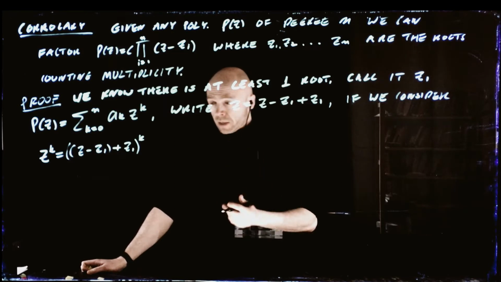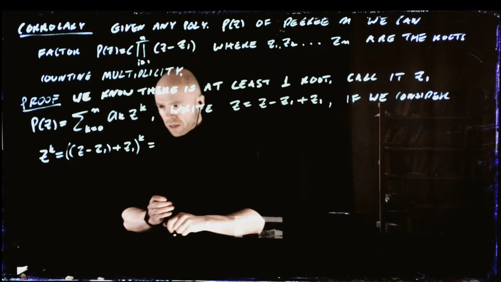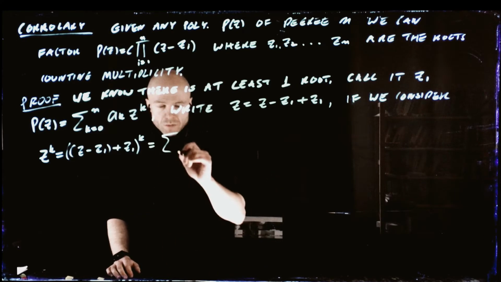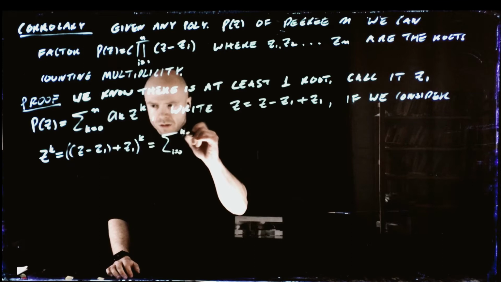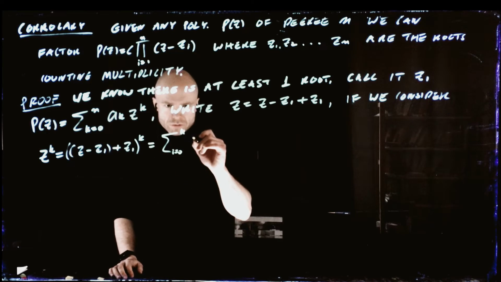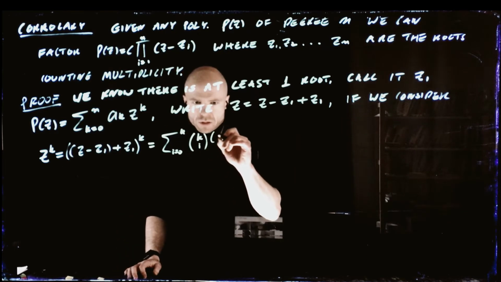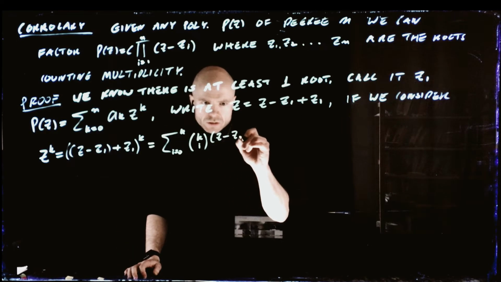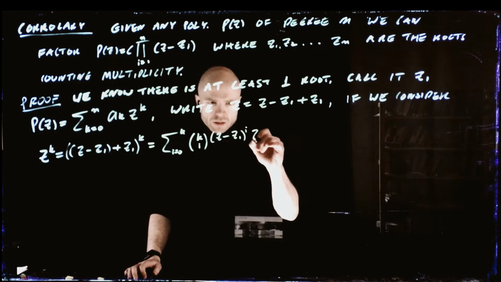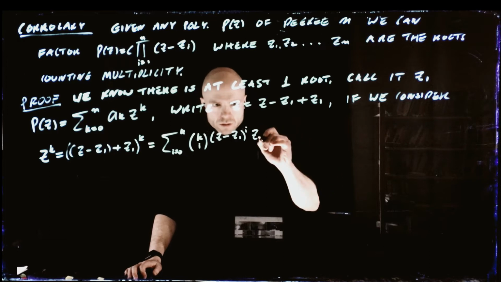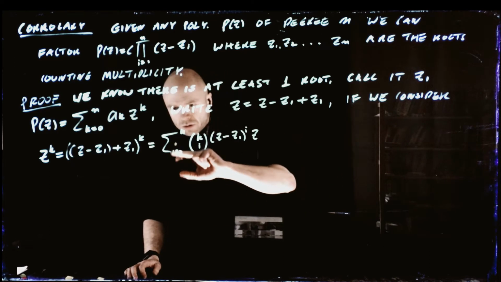Cool. And then by the binomial theorem, we can write this as a sum. Let's do i equals 0 up to k of k choose i of z minus z1 to the i, and then z1 to the, oops, i is a very bad choice in complex analysis, right?